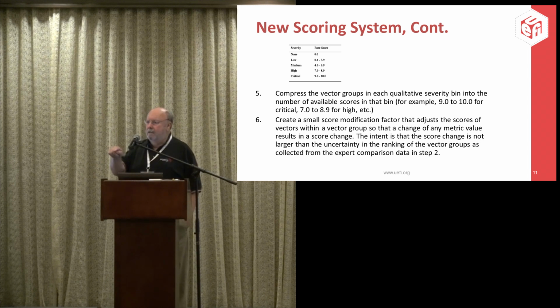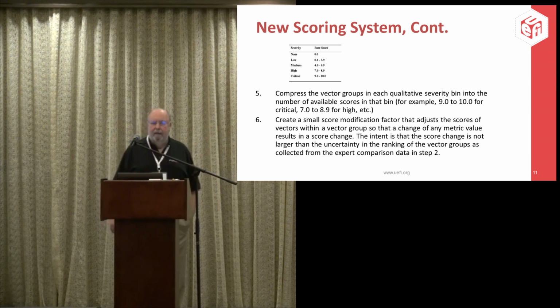In many cases, not a lot, but enough to matter, when you made that change you fell into the same equivalency set and the score stayed the same. It felt very uncomfortable for users: I made it more severe, I made it less severe, and the score didn't change. Is this thing working? Something's wrong here. I changed it, and nothing changed.